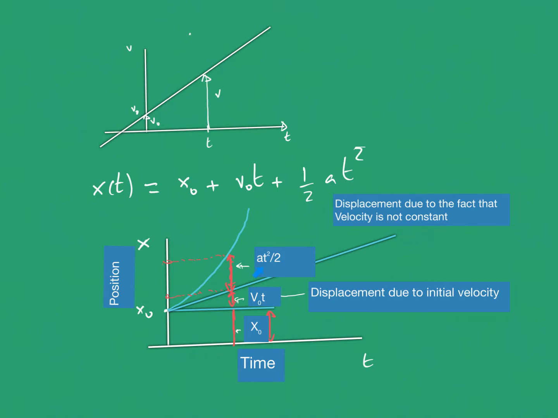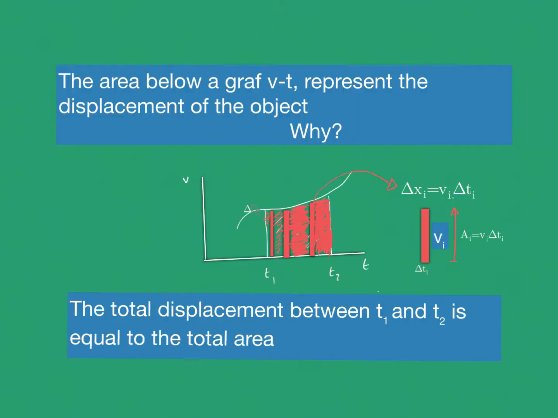This term is only valid if the acceleration is constant, or the velocity is changing at a constant rate. The other thing I want you to pay attention to, because you will solve a lot of problems using this: the area below a graph of V of t represents the displacement of the object.